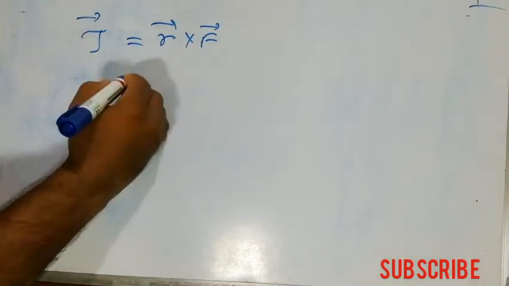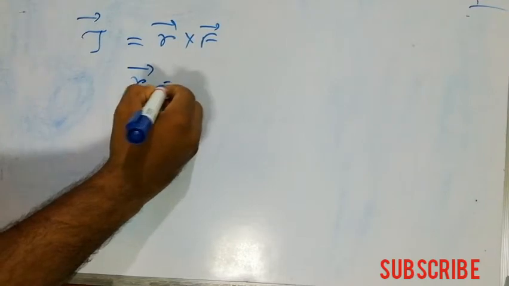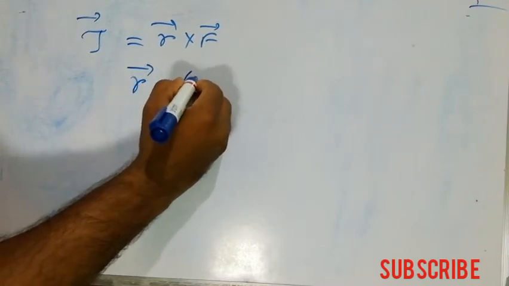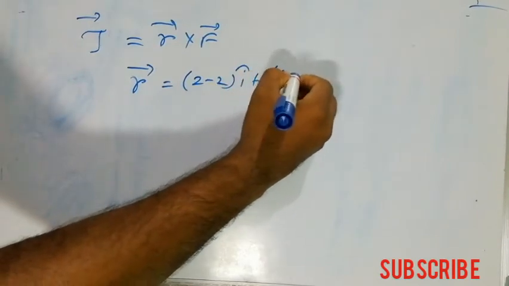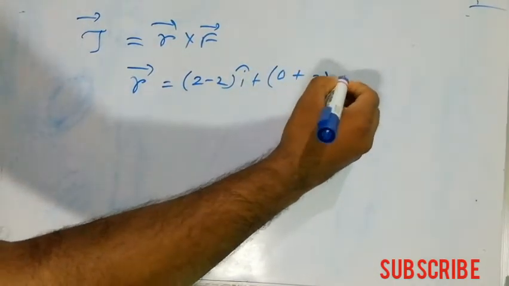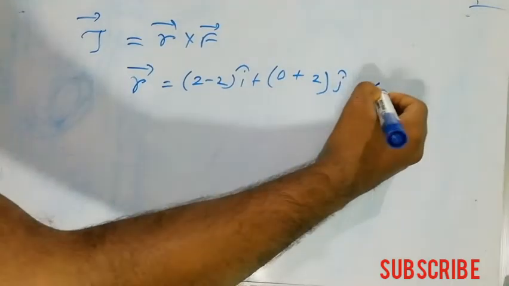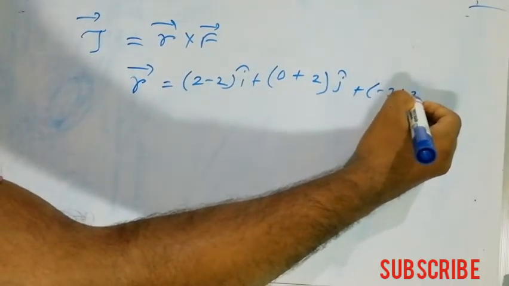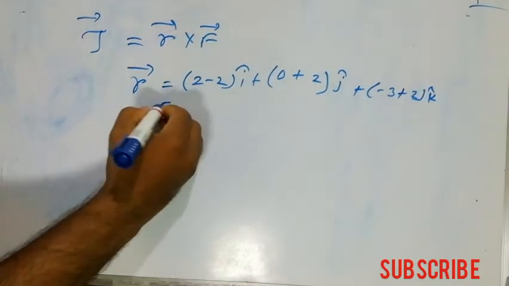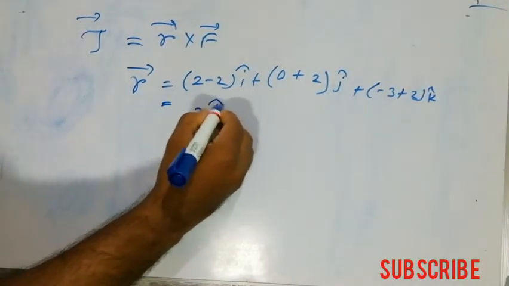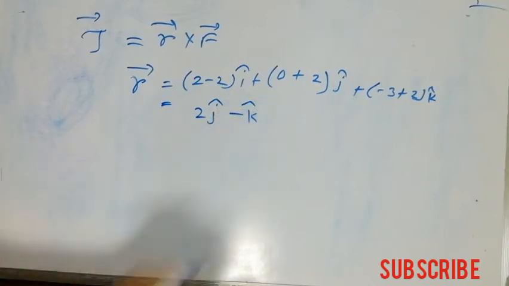So we have to calculate R first. R is equal to (2 minus 2) i cap plus (0 minus minus 2), that means plus 2 j cap, and (minus 3 minus minus 2), that means plus 2 k cap. Wait, so R becomes 2 j cap minus k cap.